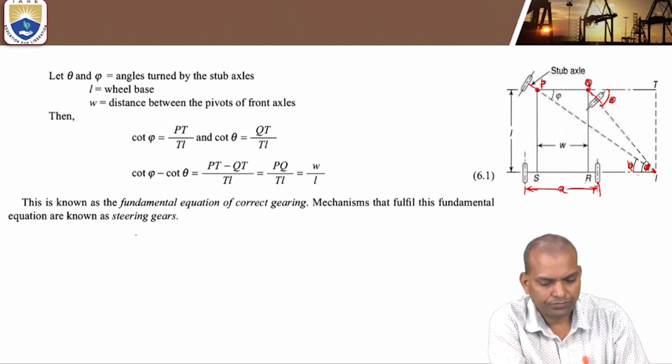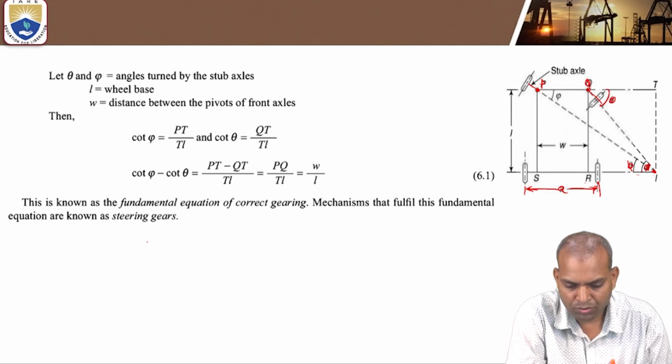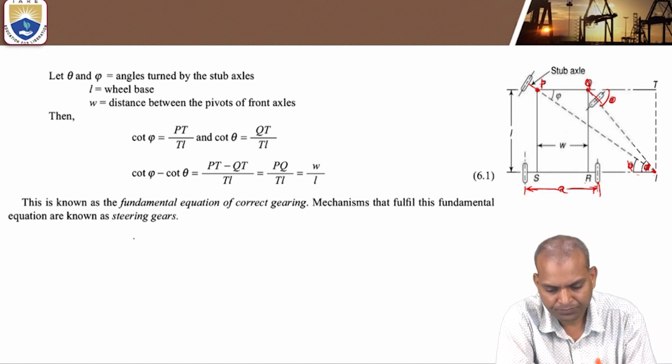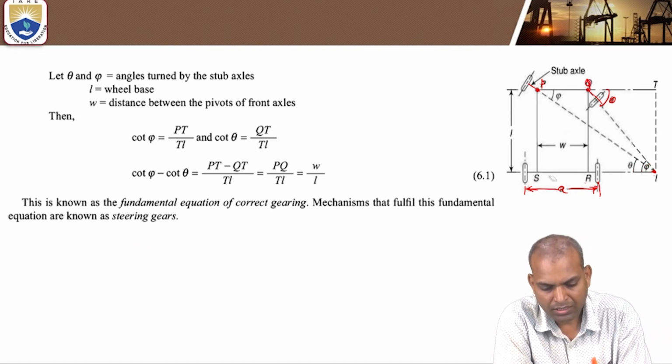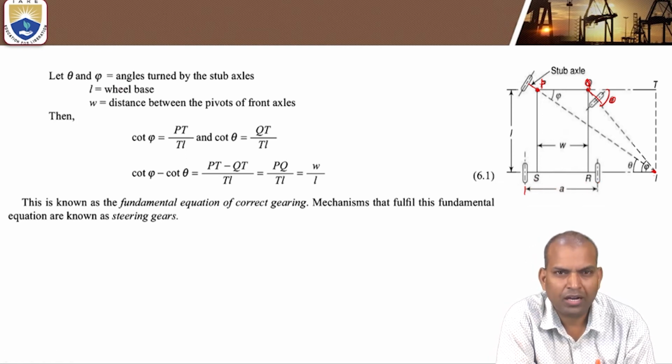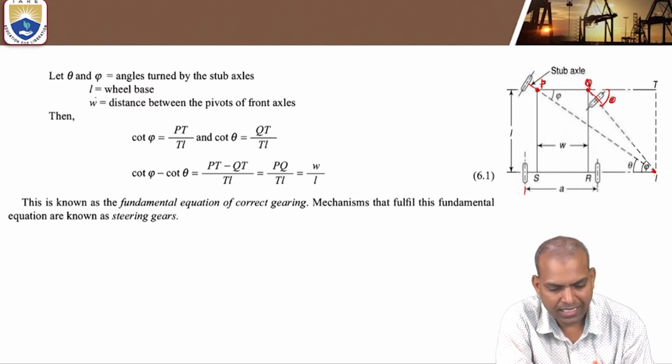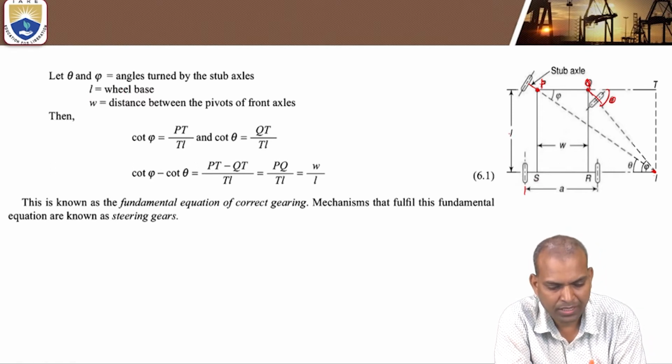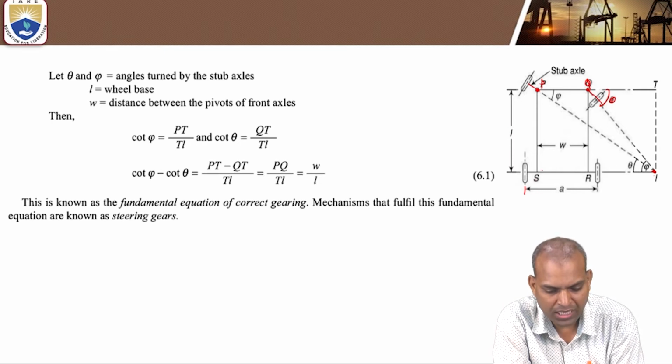Now, what is cot phi equal to? Theta and phi are the angles turned by the stub axles, and L is the wheel base, and W is the distance between the pivots of the front axles.